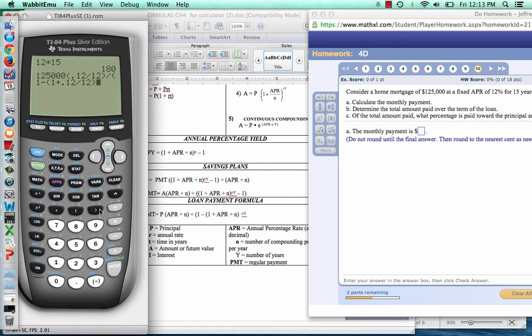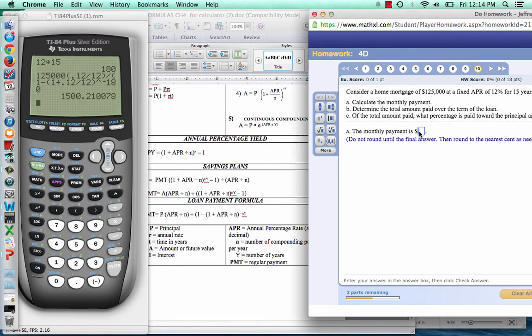All right, and the parenthesis to the negative key is right here. It'll be in the same spot on your TI-30 calculator, right next to the decimal, to the negative 180, which I figured out before. And this will tell me the monthly payment. So the monthly payment rounded to the nearest cent is $1,521.